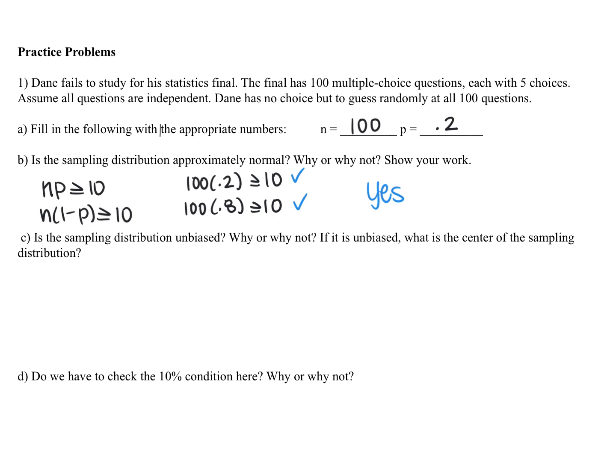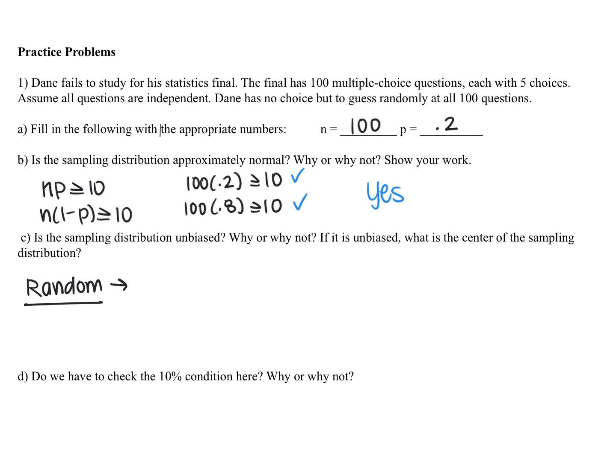Next, we want to know if our sampling distribution is unbiased, why or why not. And if it is unbiased, we want to find the center of our sampling distribution. So unbiased has to deal with random. If our problem states anything about collecting data through an SRS or random sampling, then we know it's random.